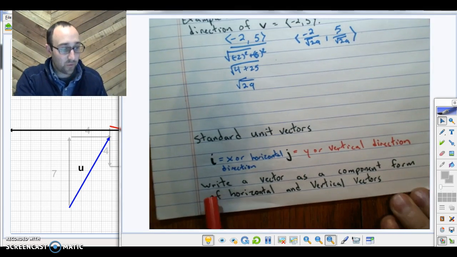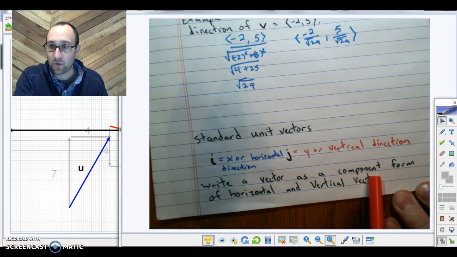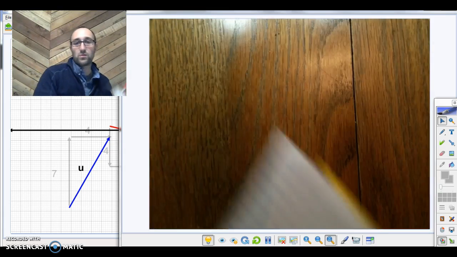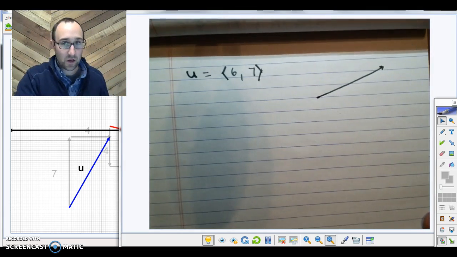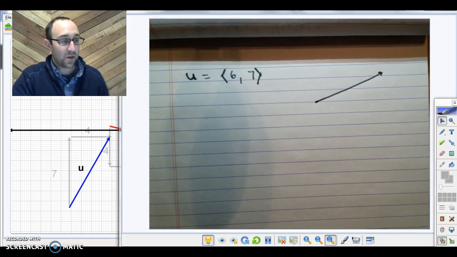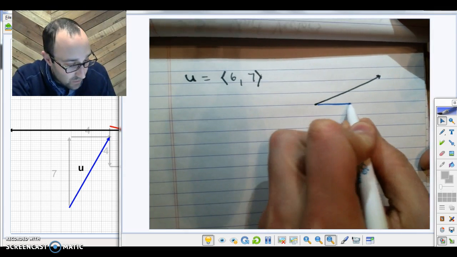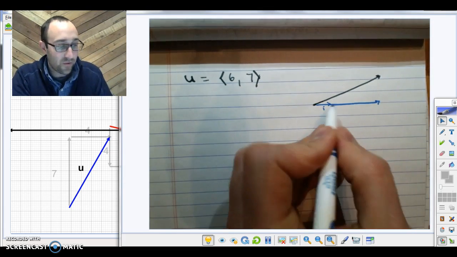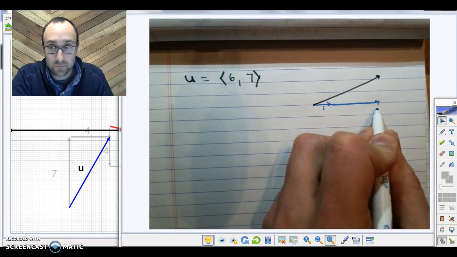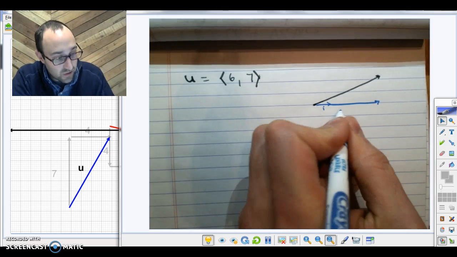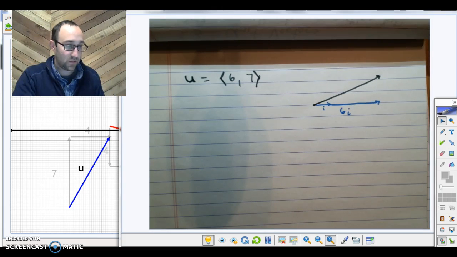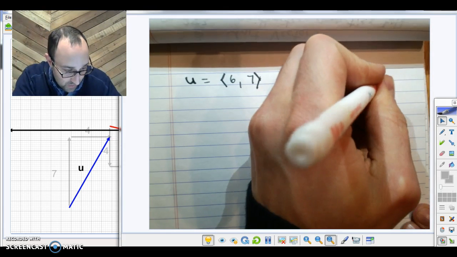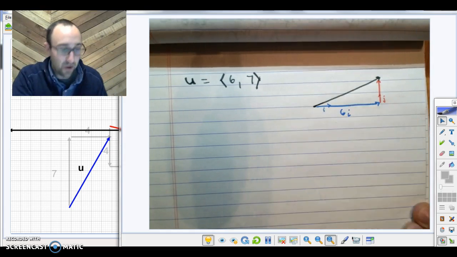All right, so we're going to write a vector in component form as horizontal and vertical vectors. It may seem confusing because it's the first time you do it, but it's really not bad. So let's use u as <6, 7>. That means I'm going 6 in this direction. If my original is 1 for i, what do I have to multiply i by to get out here? That's right, 6. So this is going to be 6i, because it's 6 in the i direction, and i is the one that's horizontal. And then I have to go up to here. This one would be my j, my unit vector in j.